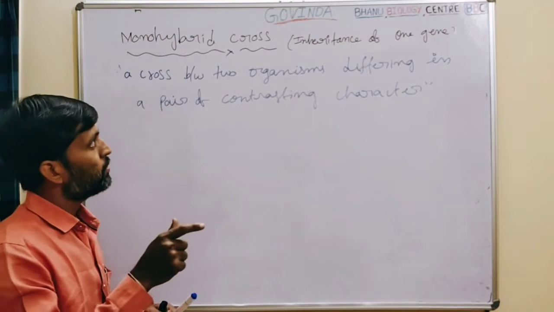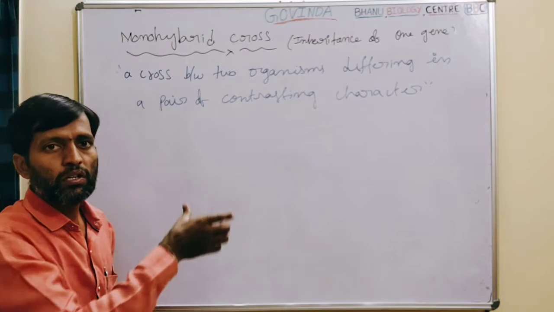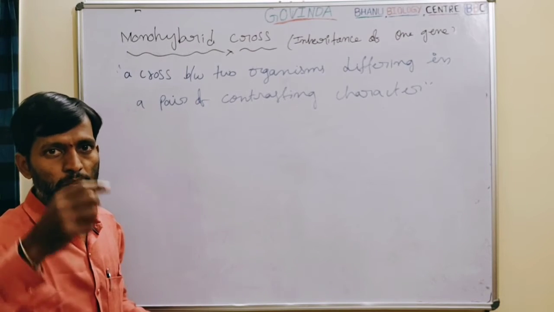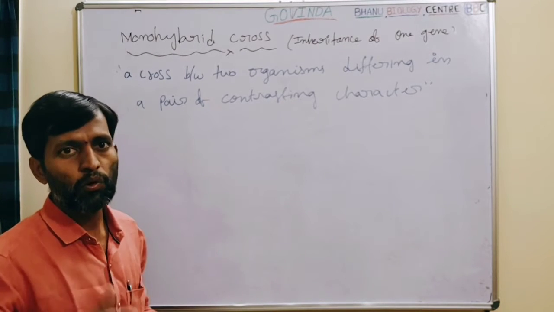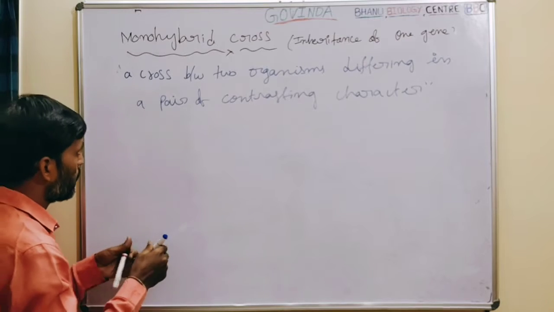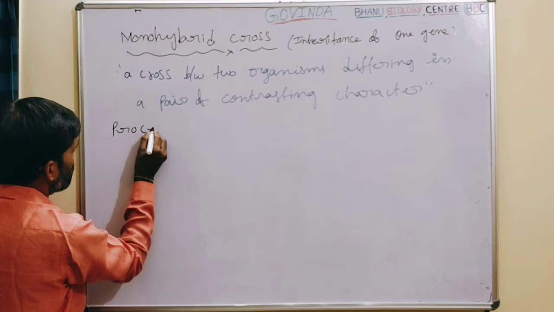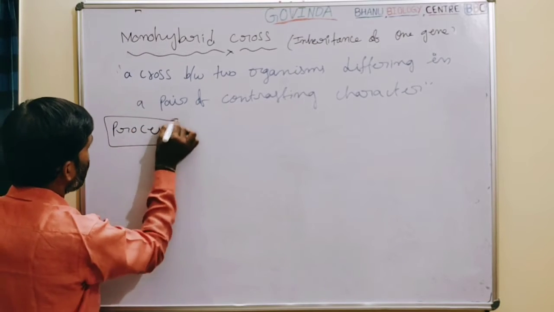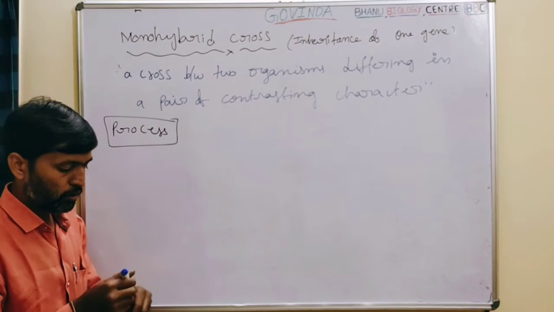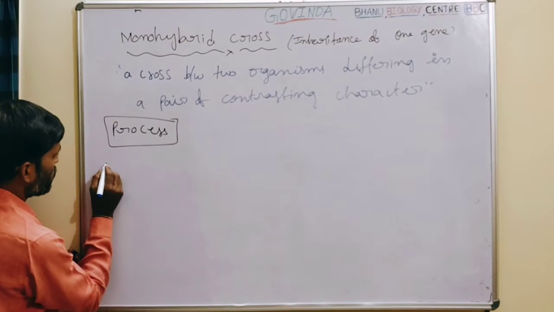Let me first tell you what the procedure of the monohybrid cross is. I mean, what are the important steps involved in the monohybrid cross? Totally there are a few important steps.